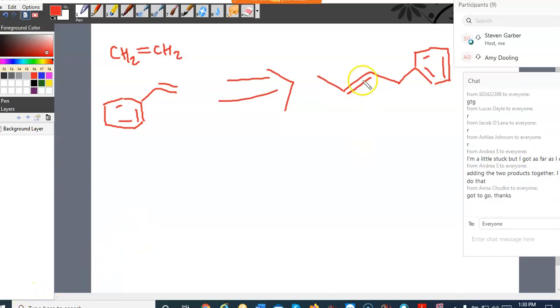All right, guys, let's go over this. The one thing you need to look at, what really helps, is what part of your final product comes from the fragments. What I like to do first is count the carbons and see if I have the same number, if I have to take away carbons, or if I have to add carbons.